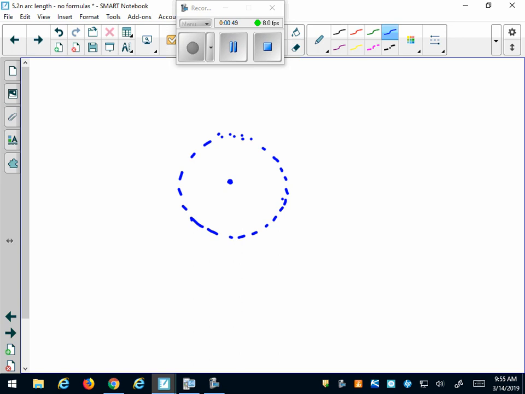Okay, so if the circle is this solid thing all the way around, an arc is just part of that. So if you imagine this as, let's say, a pizza, and let me do this much of a pizza, we're really talking about just the crust of the pizza, right?